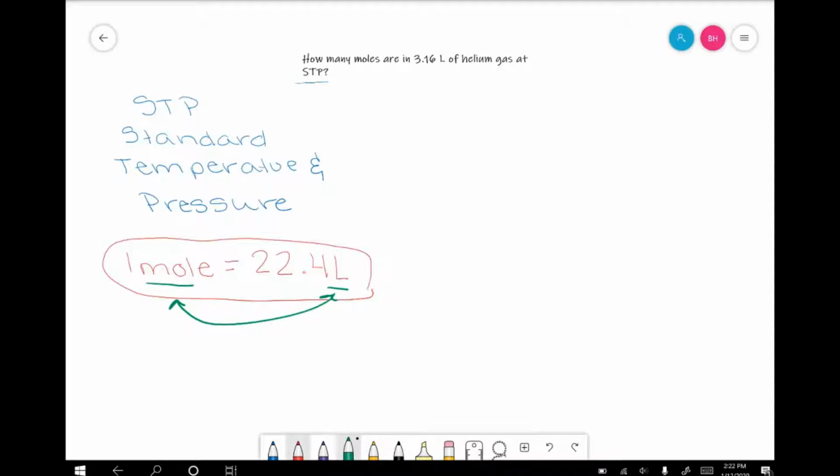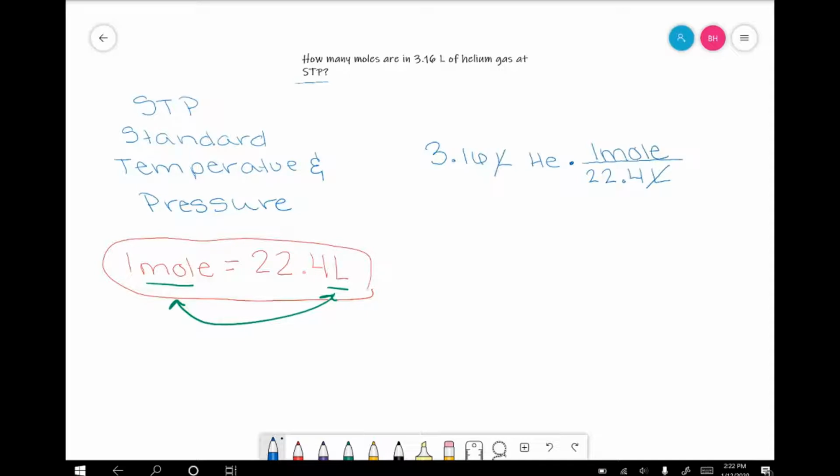So let's go ahead and set up our problem. You always want to make sure that you're starting off with what's given in the problem. So we know that we have 3.16 liters of helium. And I'm going to create my dimensional analysis problem. I'm going to make sure that when I plug this in, I put my 22.4 liters on the bottom because these units need to cancel out, and then I have my 1 mole on top.